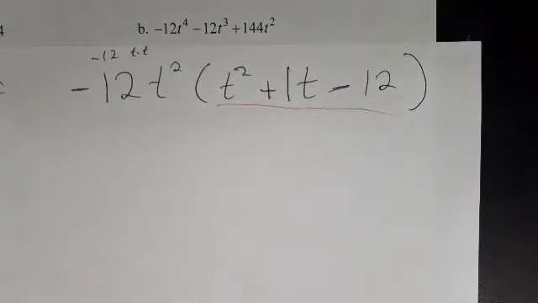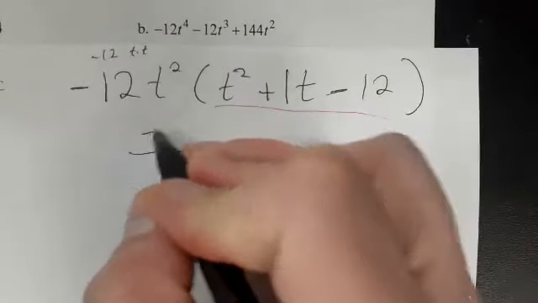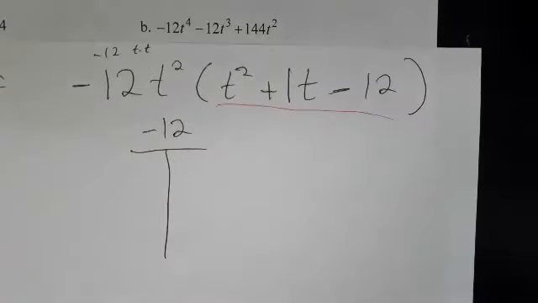If I'm looking at this, I'm thinking, how do I factor this? And so the first thing I do is count the terms 1, 2, 3. How do we factor 3-term things? We have to do the AC method. So if I do the good old AC method, A times C minus 12 is a minus 12.